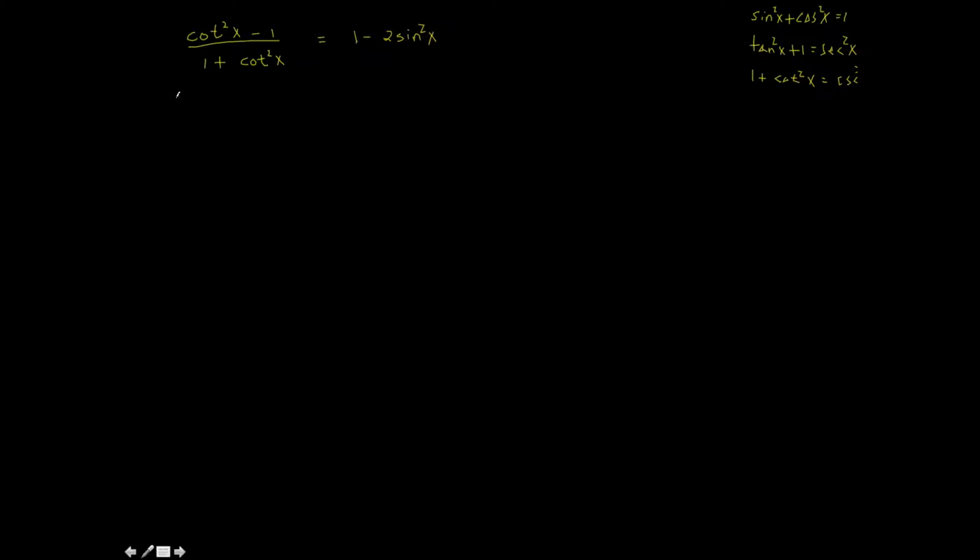So the first thing that most people do, okay, most people will rewrite cotangent in terms of sine and cosine. So cotangent squared is cosine squared over sine squared. Same thing down here.